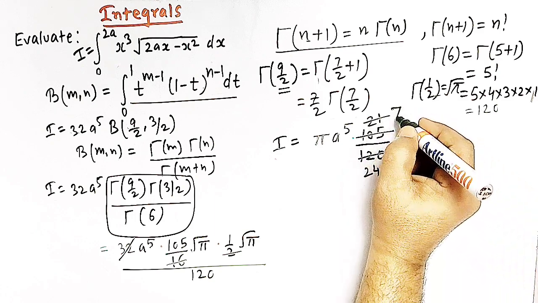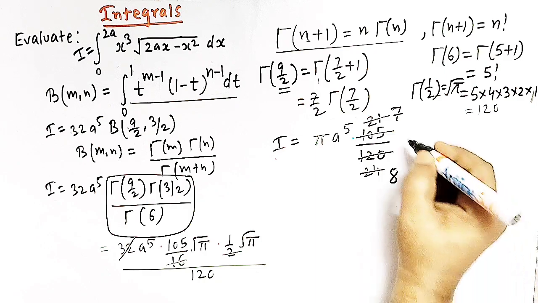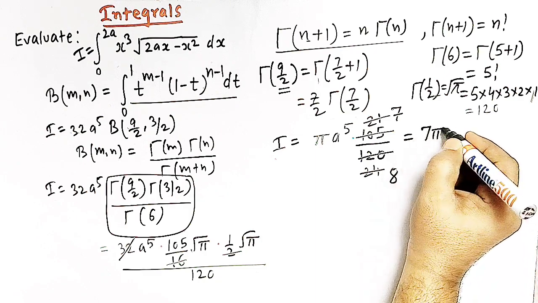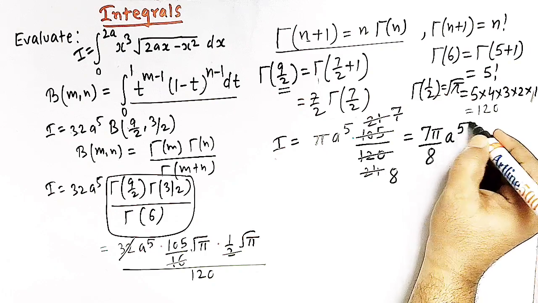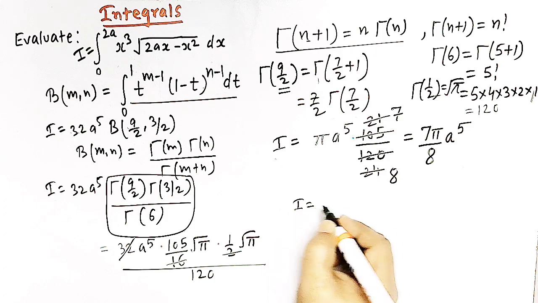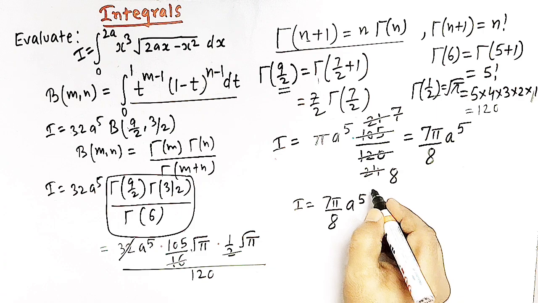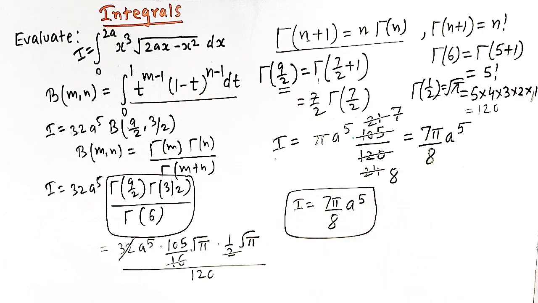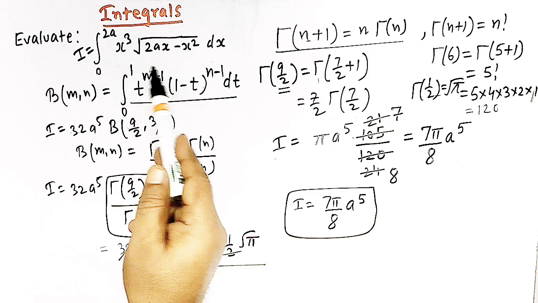And here we have 3 times 7 is 21, and 3 times 8 is 24. So now we have 7 pi over 8, and here we have a raised to 5, right? So the value of this integral is given by 7 pi over 8 times a raised to 5. So viewers, this is how by the application of beta and gamma functions we can easily evaluate integrals of these types.